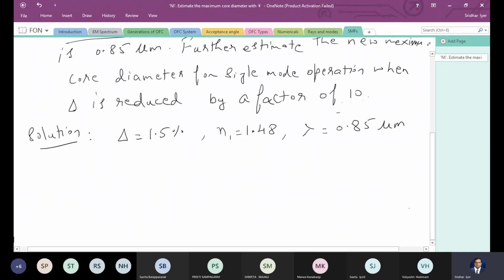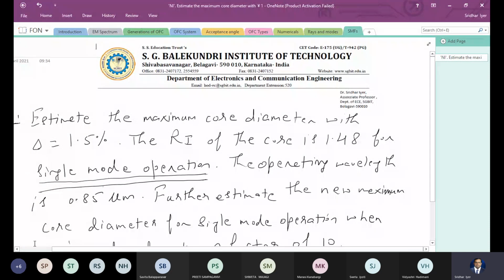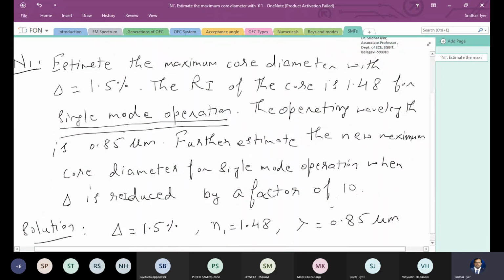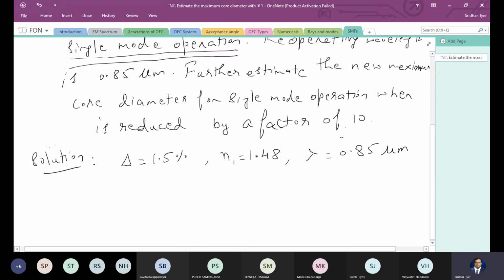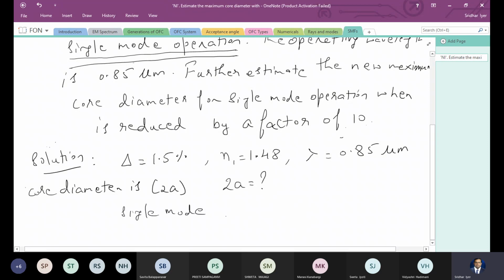With this, we need to find the maximum core diameter, right? That means we need to find 2a. So maximum core diameter is 2a. Okay, we need to find what is 2a, right? So the very first thing that we need to understand is that the operation is single mode operation, which implies the optical fiber cable is single mode fiber.